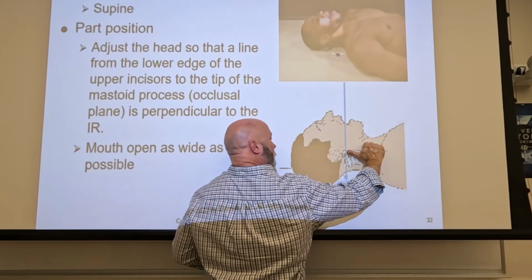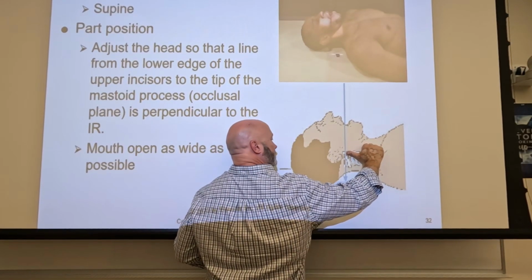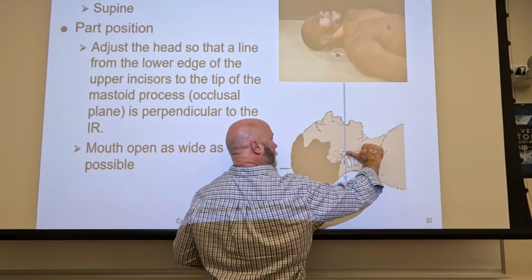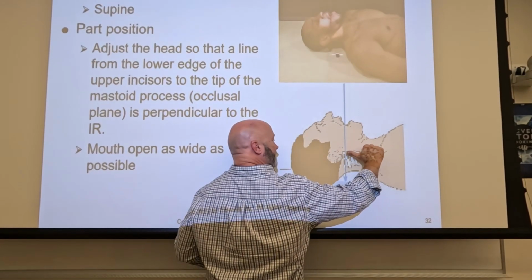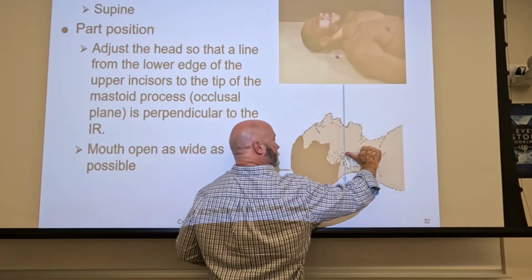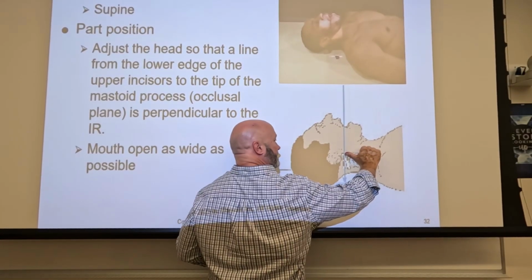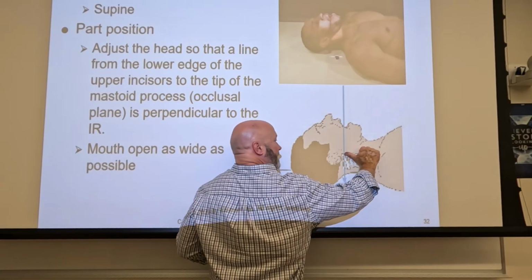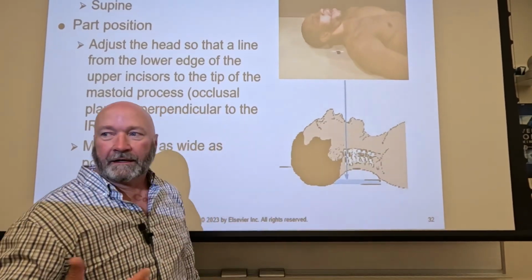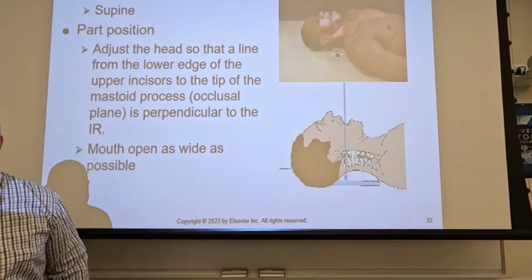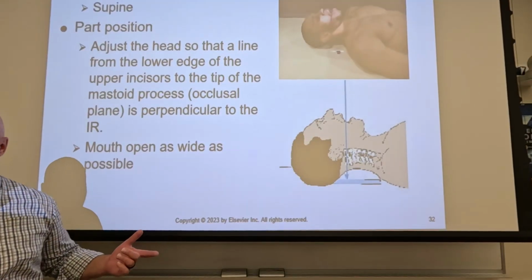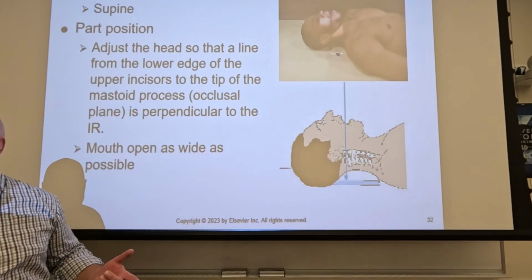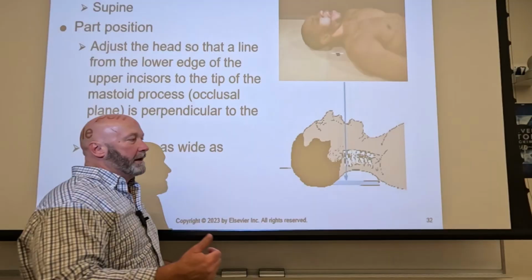If his chin is tucked, what's gonna happen to your ability to see the odontoid process right here? What's gonna be on top of the odontoid process? The teeth, right. So when you look at your image, if the teeth are on the odontoid process, what you need to do if you're gonna repeat is go back and extend the patient's chin a little bit, right? Now reverse that.